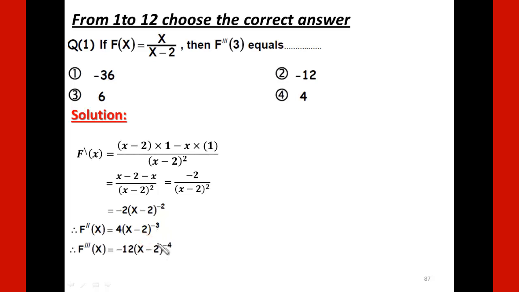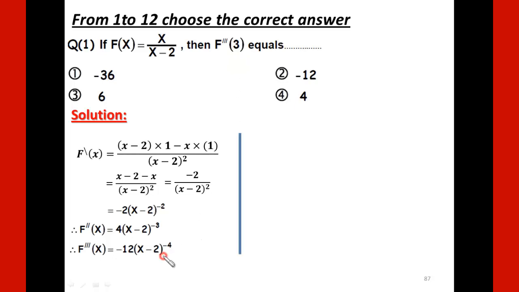And the third derivative will be negative 3 by 4 equals negative 12, multiply x minus 2 power negative 3 minus 1. Negative 3 minus 1 equals negative 4. And this is f triple dash. But the requirement is to find f triple dash of 3.